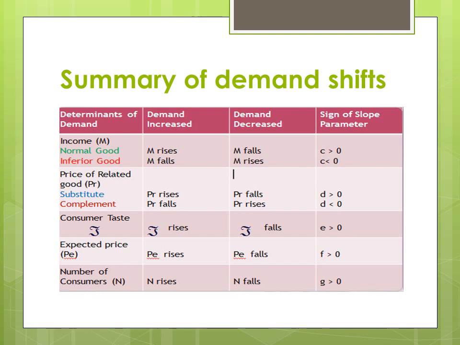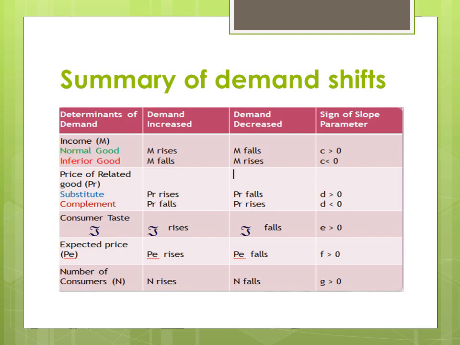So when income increases, demand for normal goods also increases, and when income decreases, demand for normal goods falls. So here the relationship is between income and demand. Income effect on normal goods is positive and direct.